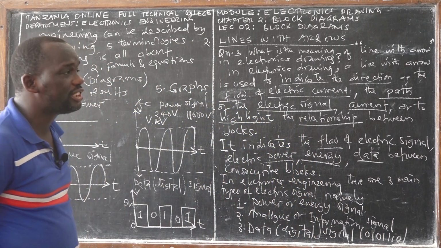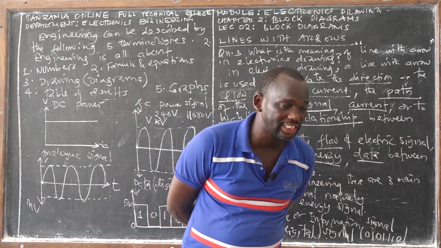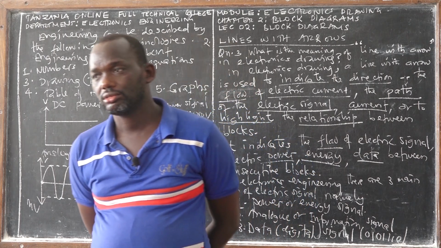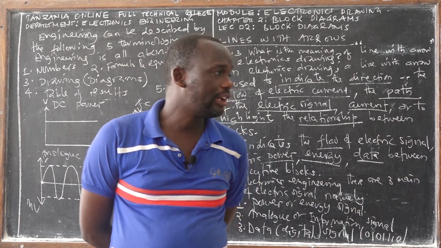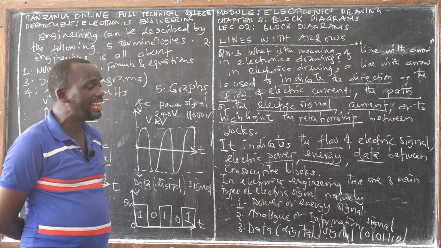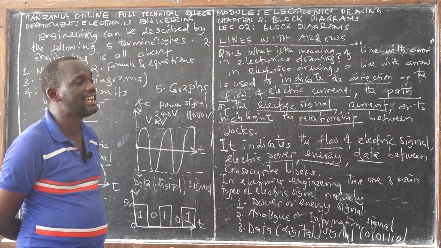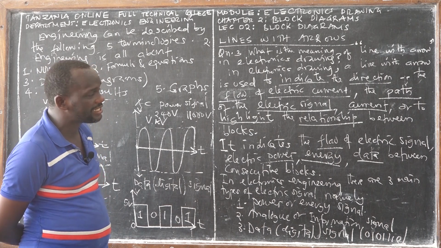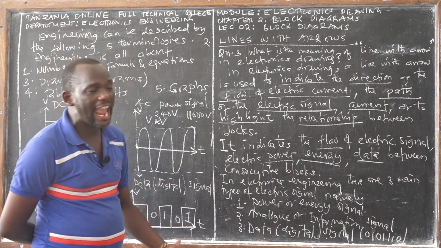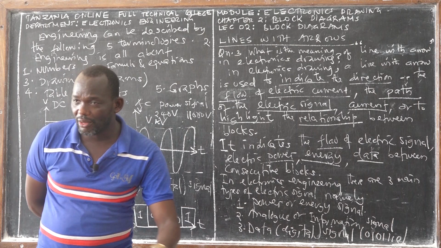For instance, if you use an analog system to transmit voice from here to Mwanza, the signal will reach Mwanza totally attenuated, so the receiver will receive zero signal. So electronics engineers conducted a number of research studies and discovered that we can receive the analog signal from the real world, convert it into a digital signal, then process and transmit it.